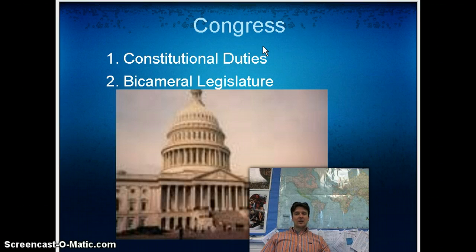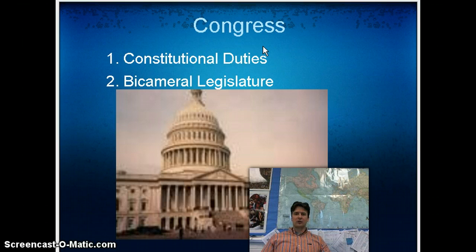Constitutional duties of Congress, because that is the unit we're doing. They have two main jobs. They pass laws. They fund the government. That's two. I'm going to give you a couple others. They also confirm appointments that the president makes and approve treaties. These are the constitutional duties.